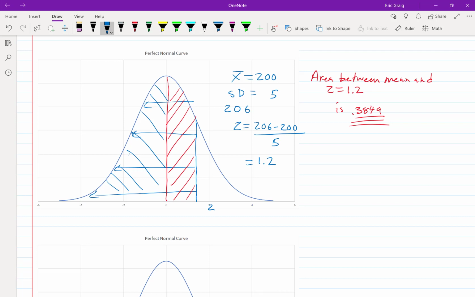So in fact, we'd have to go 0.5 plus 0.3849, and that equals 0.8849. So we can say that about 88.5% of the students had a score of less than 206.